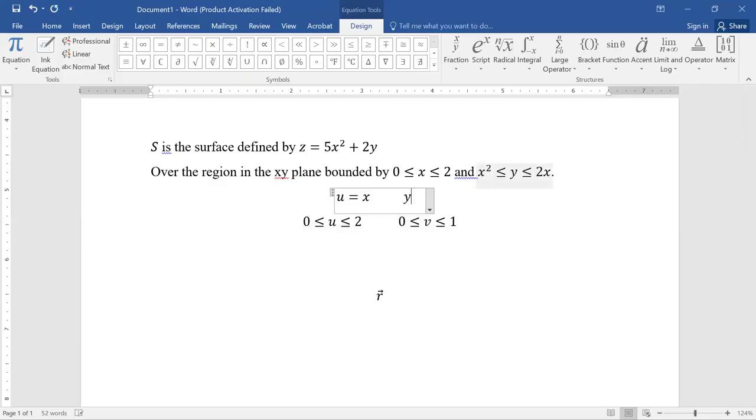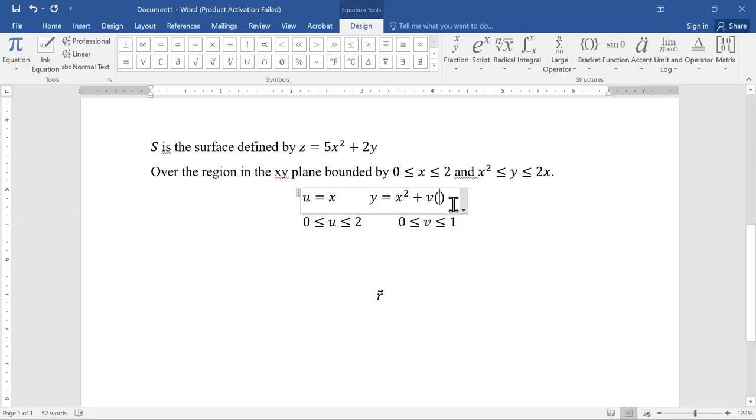So we're going to let y equal x squared plus v times some other stuff. That way, when we plug in v of 0, we get x squared. And when I plug in v of 1, I want to get 2x.